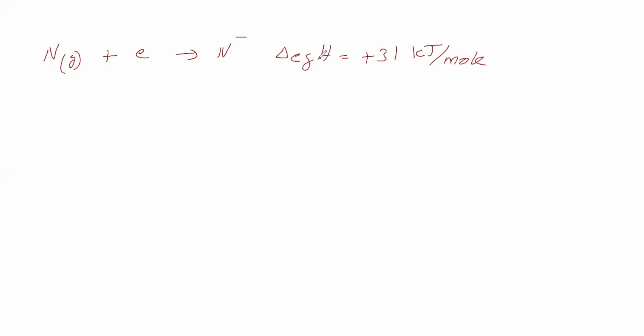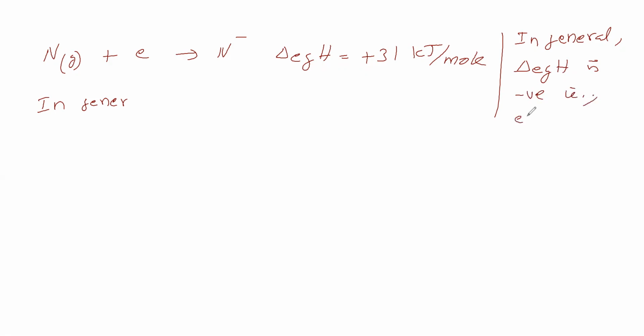Now see, generally electron gain enthalpy is exothermic, negative. But in the nitrogen case, how is it?